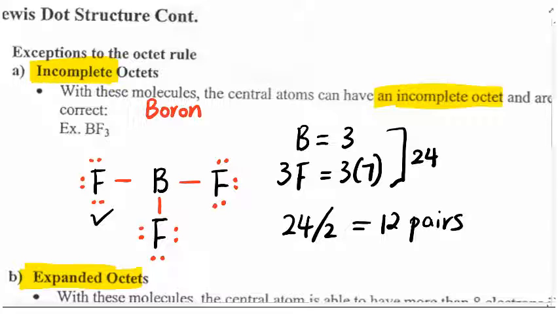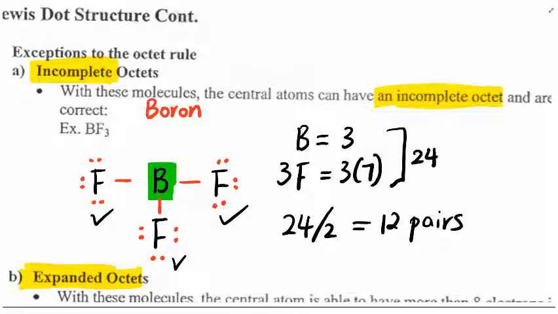So fluorine is happy, all the fluorine atoms are happy, but boron is having less than an octet. Okay, it only has 3 pairs of electrons. So I need you to remember boron in this case, that's what it will settle with. Okay, it only wants to have 3 pairs and it's going to be happy. And this is the only exception, okay, that you need to know.